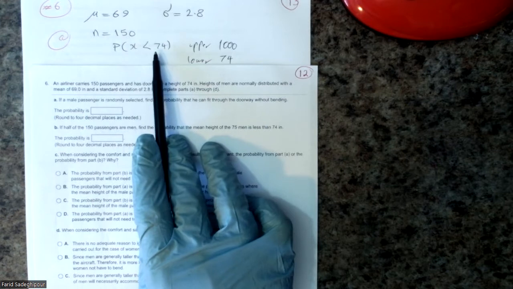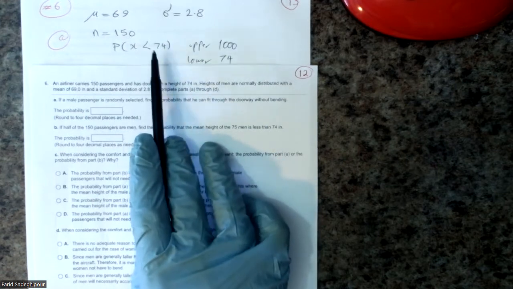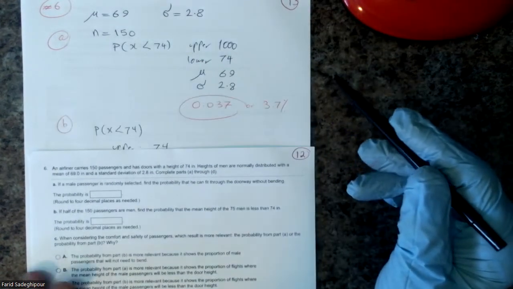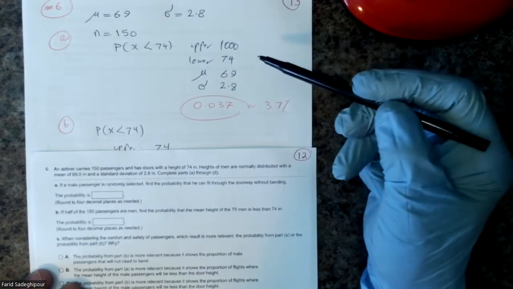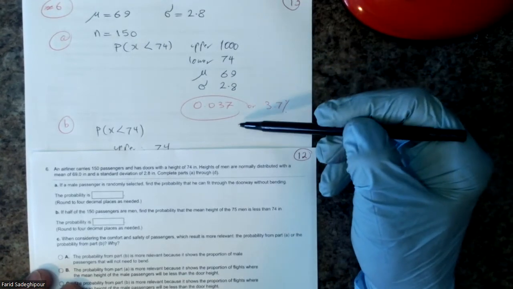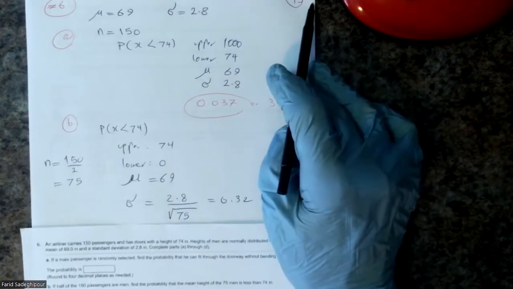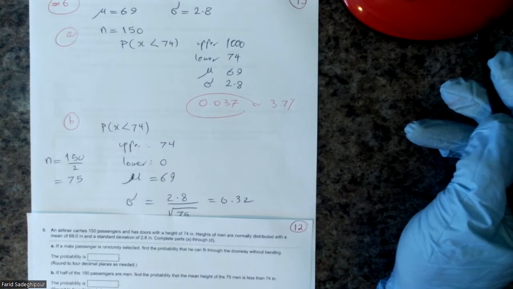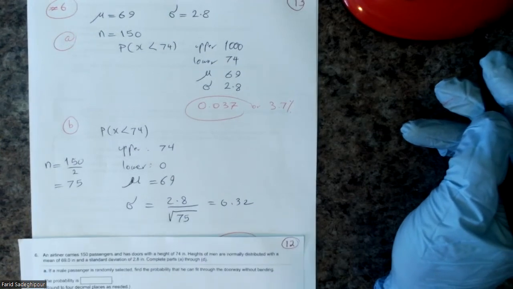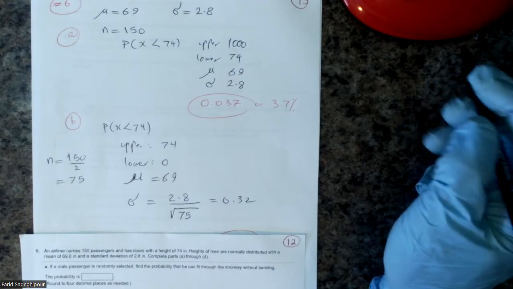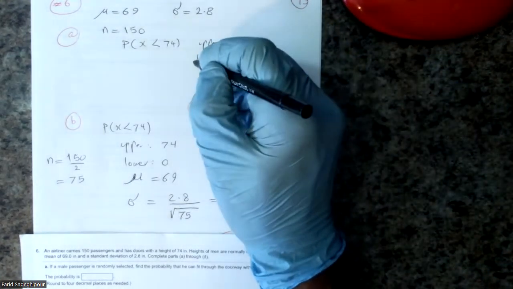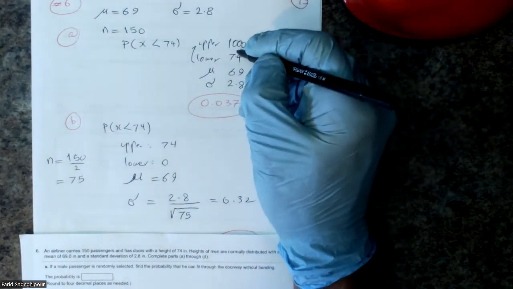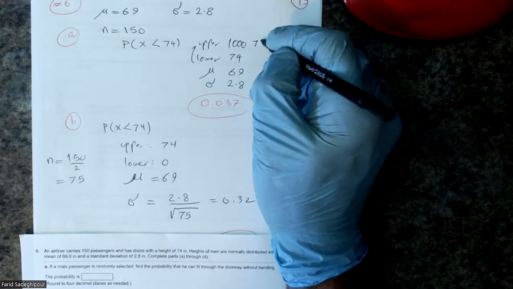So what's the probability of people who enter the plane having a height less than 74? That should be the other way around, so it should be 74 and 0.